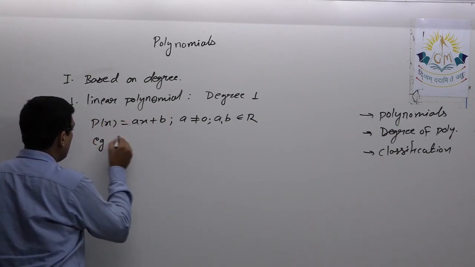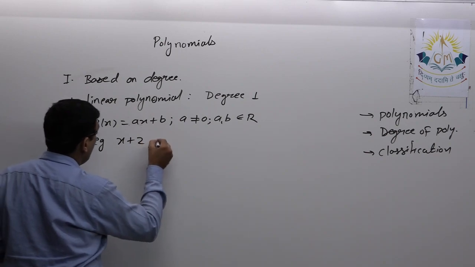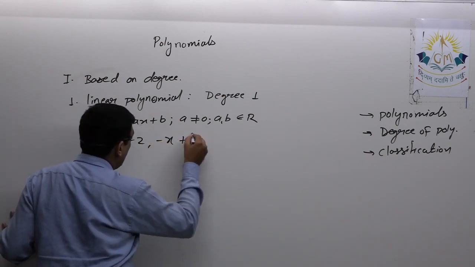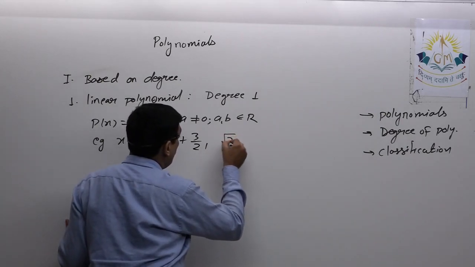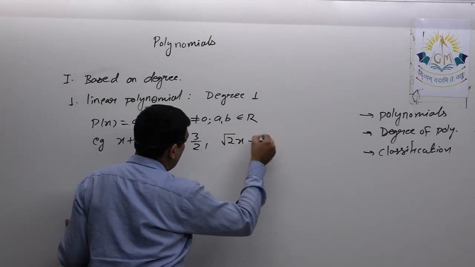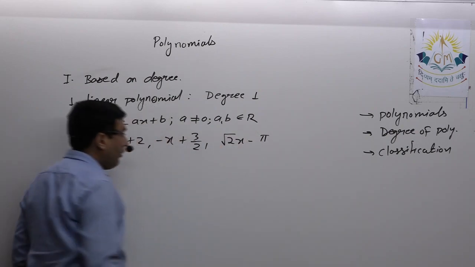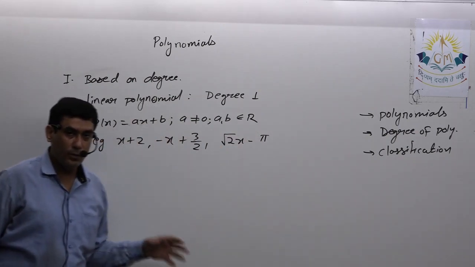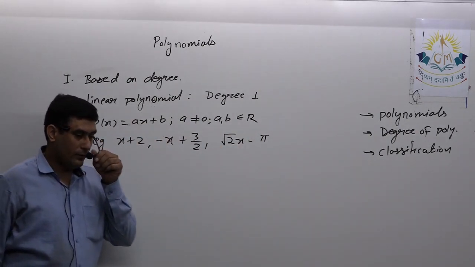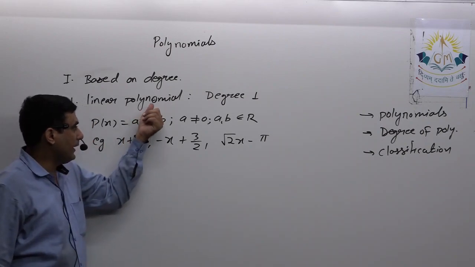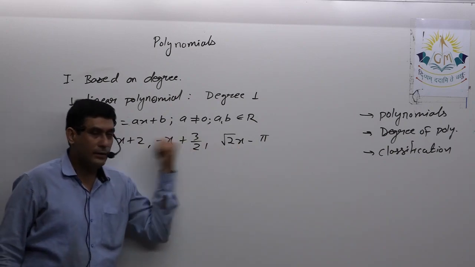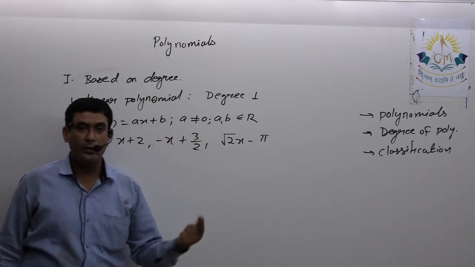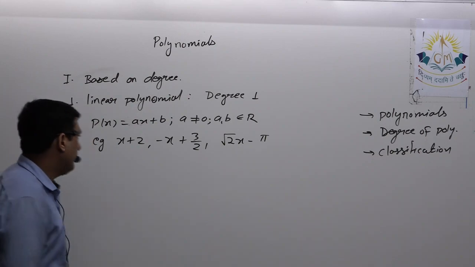Examples: x plus 2, minus x plus 3 by 2, root 2x minus pi. All these are examples of linear polynomial. The way to identify the degree is the maximum power. Here the maximum power of the variable in these three examples is 1, so we'll say it's a linear polynomial.